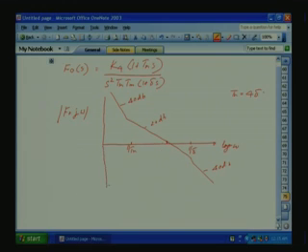Now, if you do the phase plot, it is minus pi here and also minus pi here. In between it will go like this, and at the gain crossover it will become maximum and then come back. So, we are interested in this phase margin.